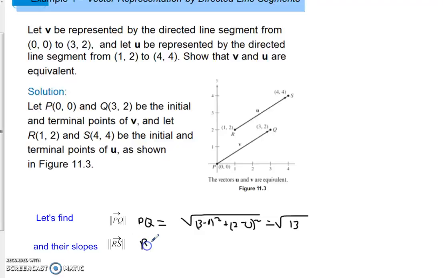RS, on the other hand, and of course I should be labeling this correctly, let me go back and do that up above.